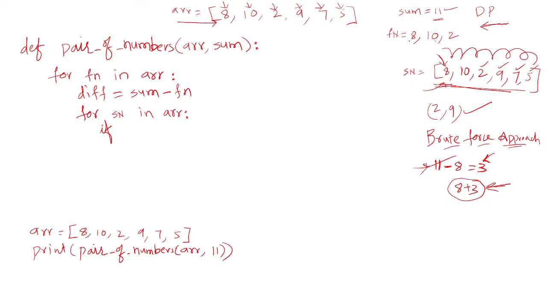Your first number is 8, and the second number again starts from 8, the same number. So you don't need to calculate the difference or search. That's why, if the second number is not equal to the first number, then only you search in the array.